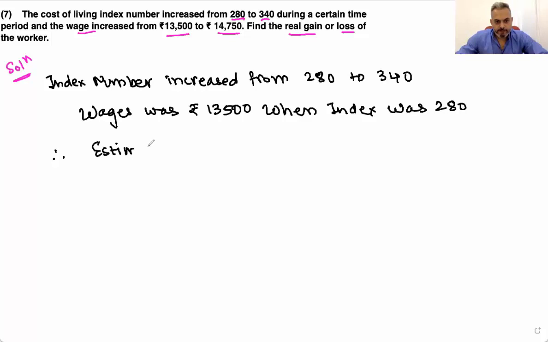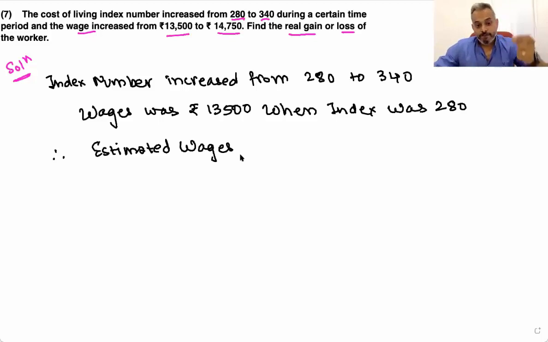Therefore, estimated wages, यानी वर्कर को अब कितना वेजेस मिलना चाहिए, how much amount the worker should get when index becomes 340.